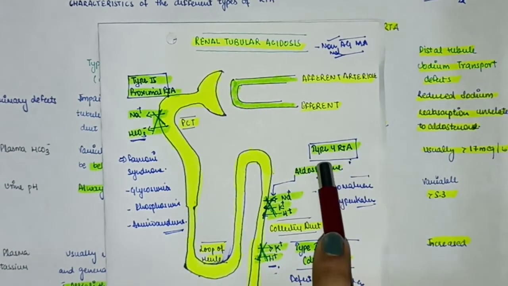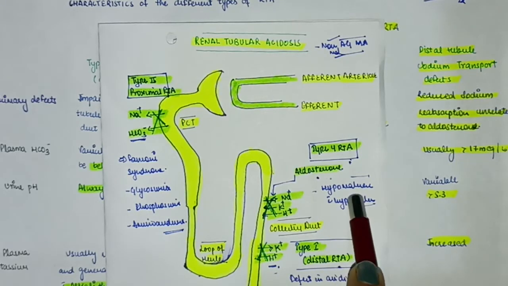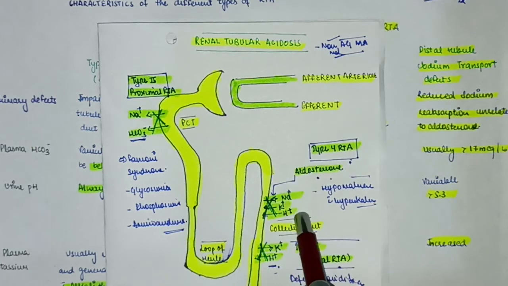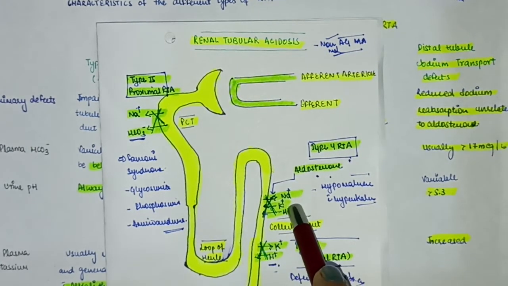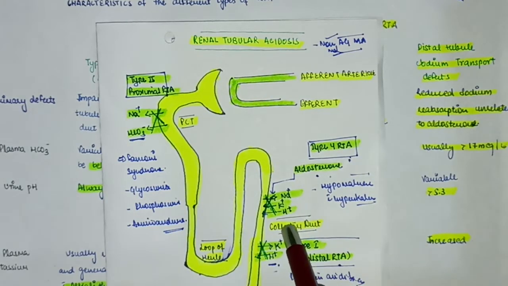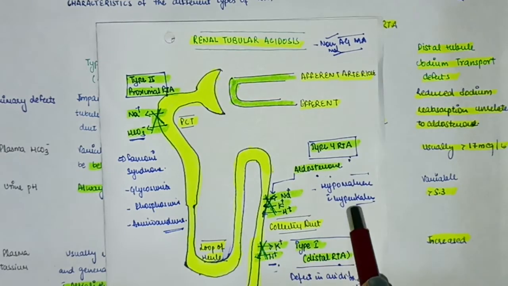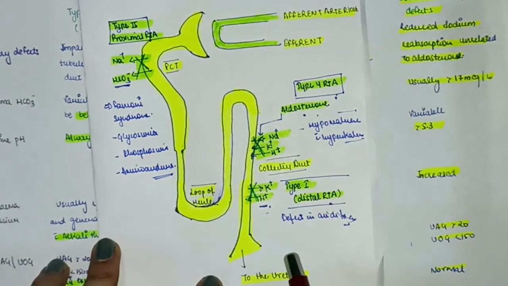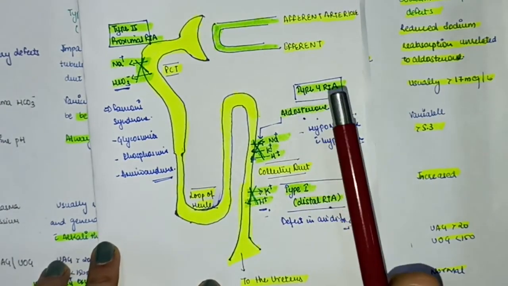Very commonly in diabetic patients we encounter hyponatremia along with hyperkalemia. The hypoaldosteronism results in decreased reabsorption of sodium ions and impaired hydrogen ion secretion and impaired potassium secretion, resulting in hyperkalemia. So in type 1 and type 2 RTA there is hypokalemia, and in type 4 RTA there is hyperkalemia.